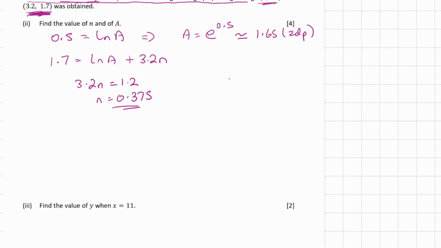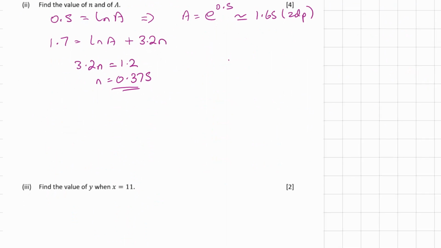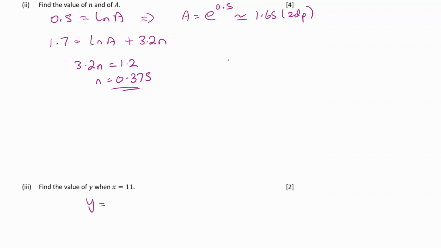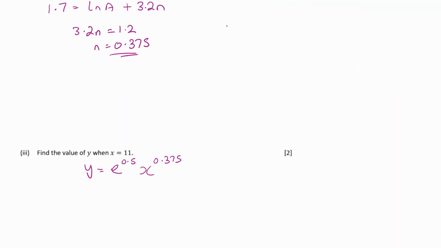So finally we want to find the value of y when x is 11. Well, we now know that y is equal to e to the 0.5 x to the 0.375. So y is going to be e to the 0.5 multiplied by 11 to the 0.375.